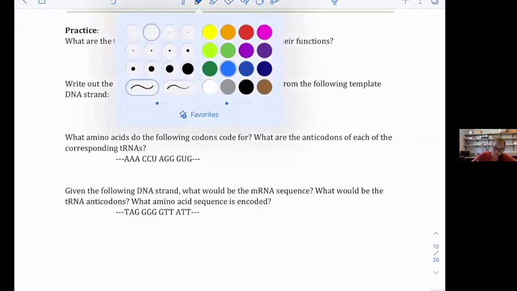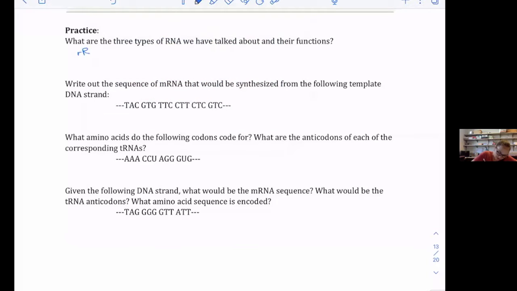So the first one is rRNA, and it forms the ribosomes. mRNA is the messenger RNA, so it's like the code.